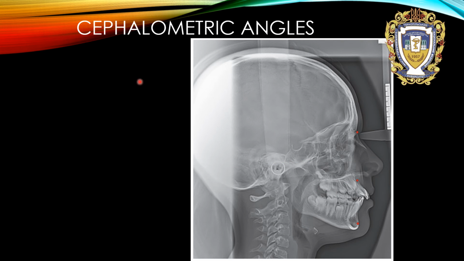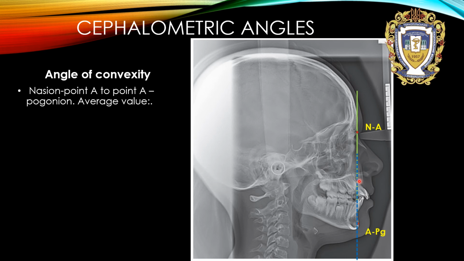Angle of convexity. It is the angle between nasion point and A point, and A point and pogonion point.